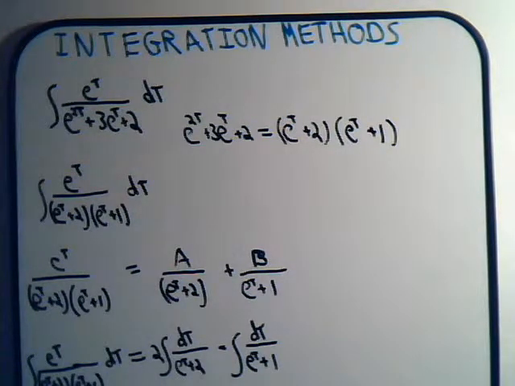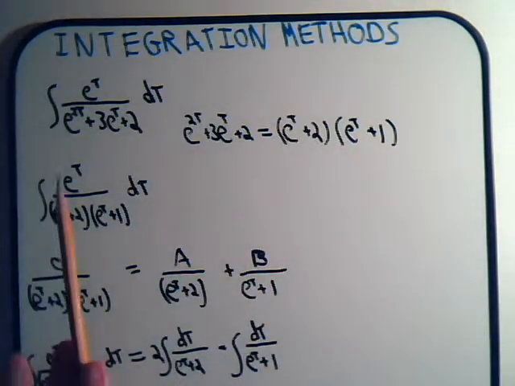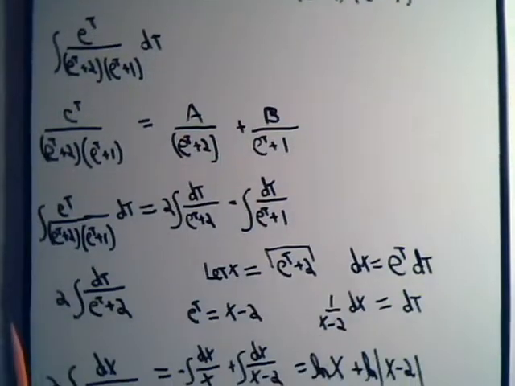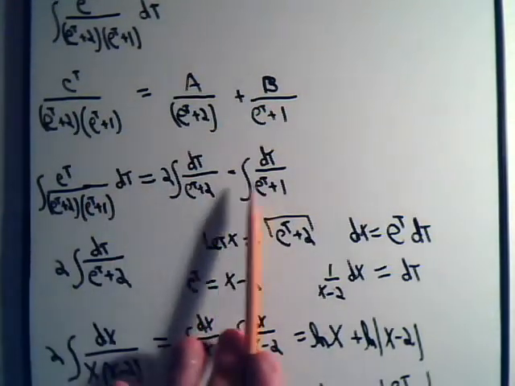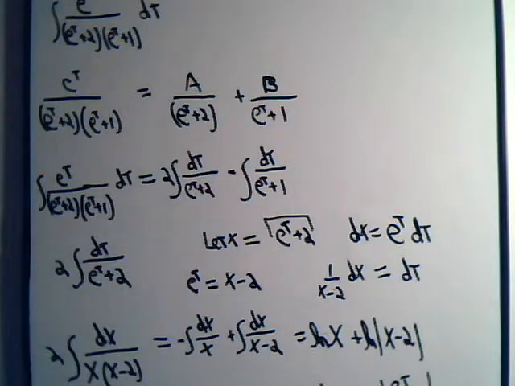Okay, in the last video, we were attempting to solve this integral here, and this denominator, we were able to express as prime factors to get this, and so this integral here, which we use partial fractions, turn into these two integrals here, and this one here we solve.